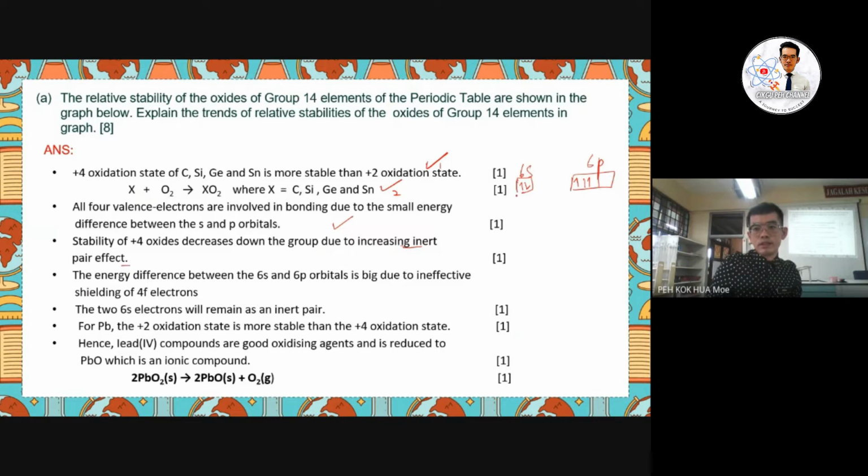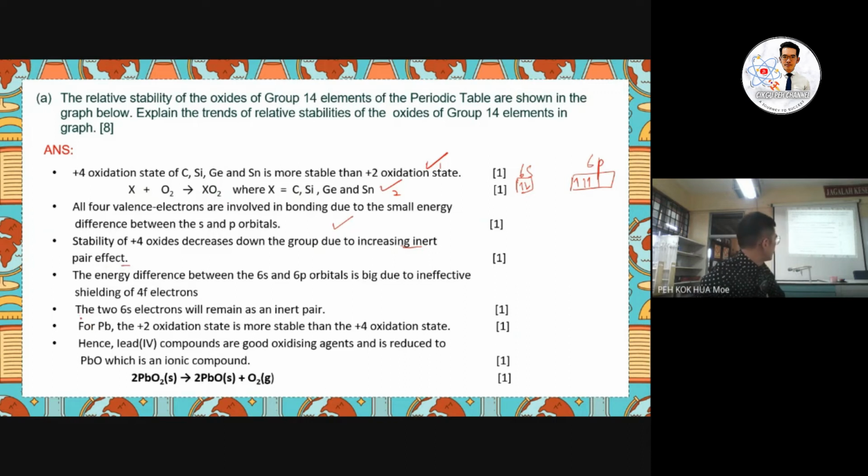So what I decided already here: the big energy difference between the 6s and 6p orbitals is due to ineffective shielding of the 4f electrons. So this is also considered the inner pair effect. So you try to elaborate more so that you can get full marks. Explain in more detail regarding the inner pair effect.